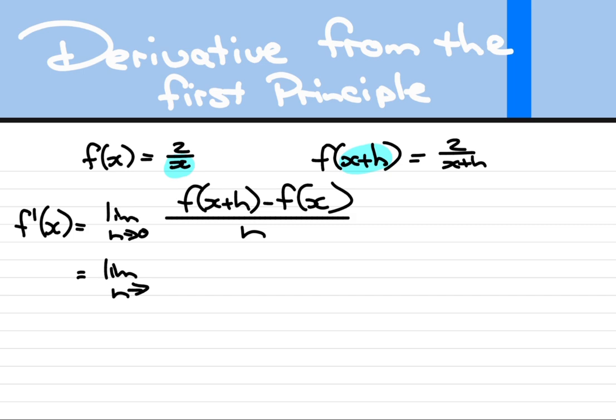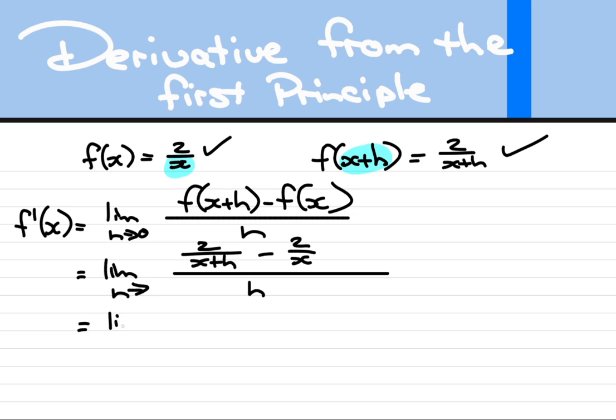F of x plus h, we know what it is, so let's make it a fraction. I need to keep this as neat as possible because it's a fraction on top of a fraction. That's my f of x plus h minus my f of x. This time it's not a binomial, it's only one term, so I don't have to use a bracket. Okay, all over h.